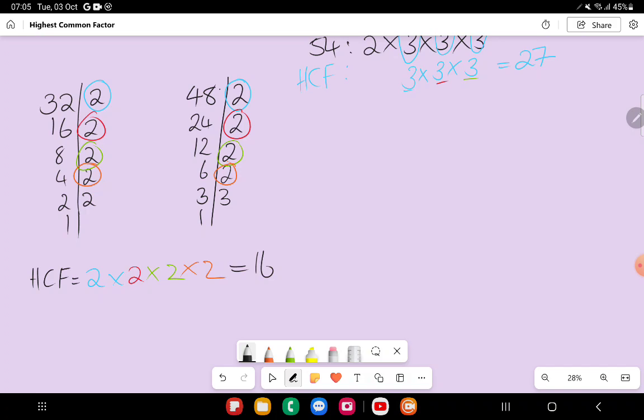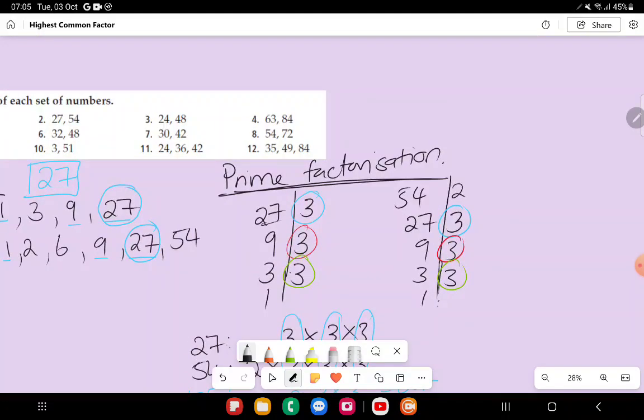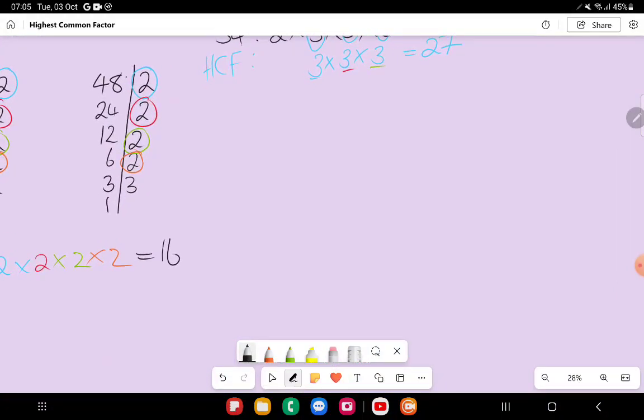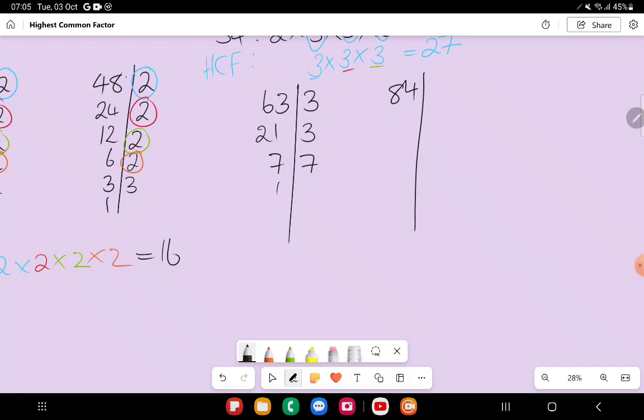Let's do another one. Let's see, we can do question 4, 63 and 84. Okay, so 63 divided by 3 gives me 21. Divide by 3 gives me 7. Divide by 7 gives me 1. Prime factorization of 84. Divide by 2 gives me 42.